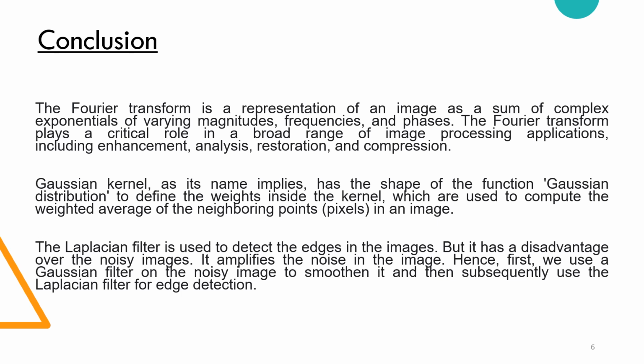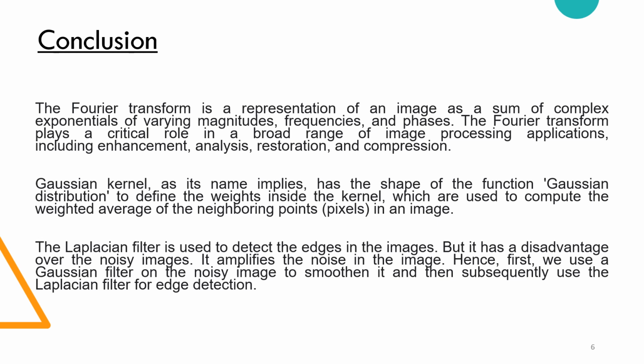Gaussian kernel, as its name implies, has the shape of the Gaussian distribution function. It defines the weights inside the kernel, which are used to compute the weighted average of neighboring pixels in an image.